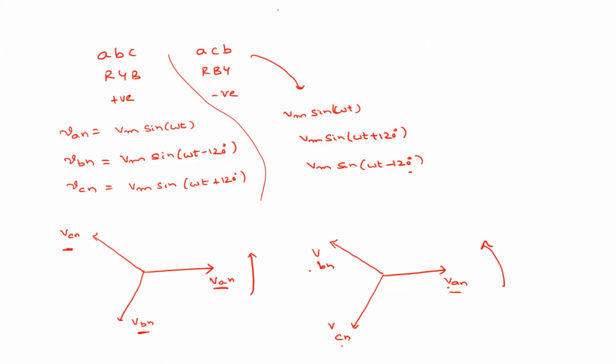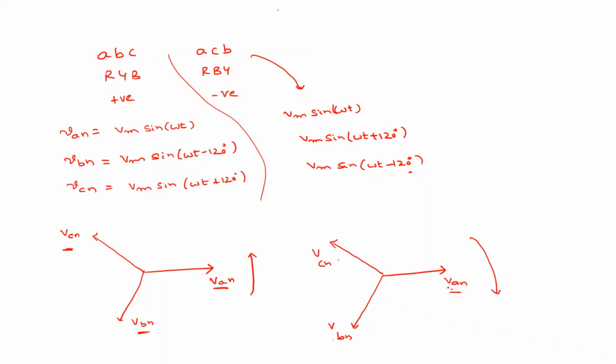Both are the same, right? Agree? So this VBN is lagging by 120 degrees and this is further lagging by 120 degrees. Both are correct. In most cases, we will represent this as VBN and this as VCN, and we assume that this is rotating in the counterclockwise or clockwise direction.